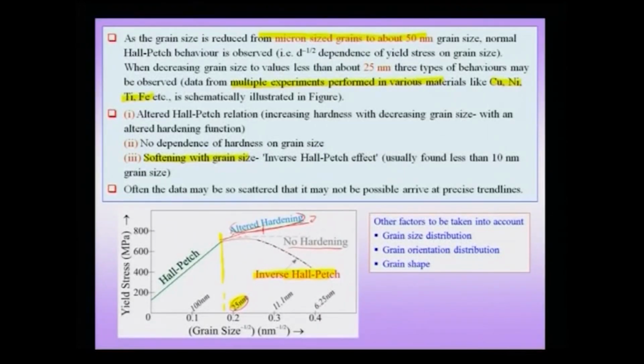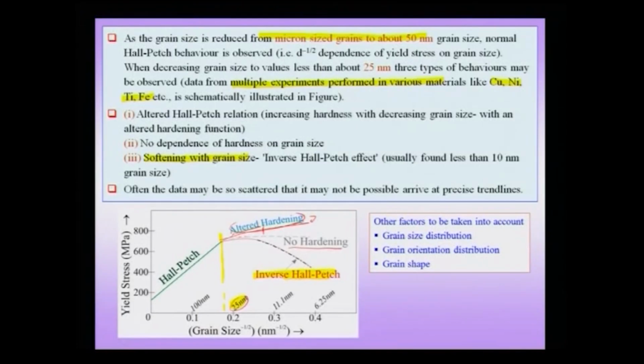Even from the previous graph I showed you, there is a paucity of data, there is scatter in the data, and there are issues related, as I pointed out, right from porosity to the method of synthesis of these specimens. Therefore, more work has to be done, but definitely there are very interesting effects when you go down to the nanoscale, which includes the inverse Hall-Petch effect observed in polycrystalline materials.